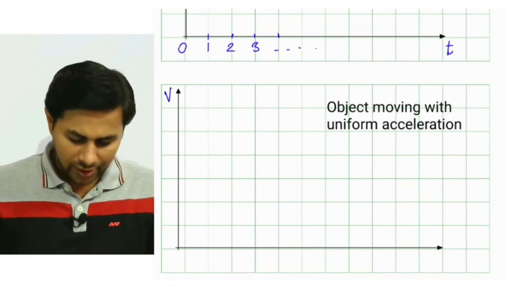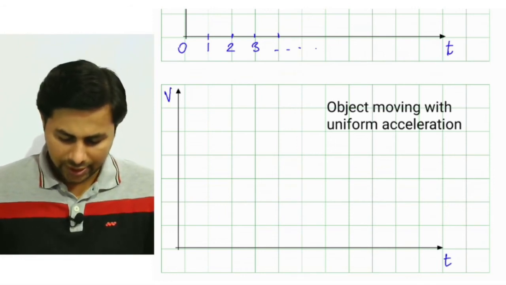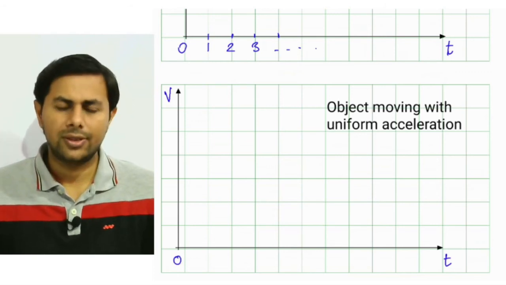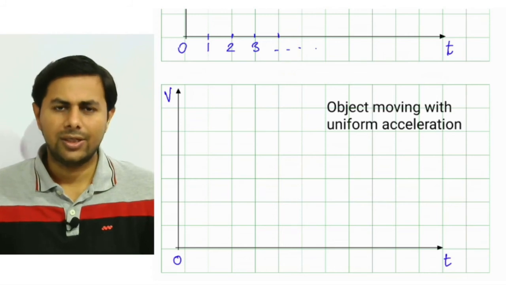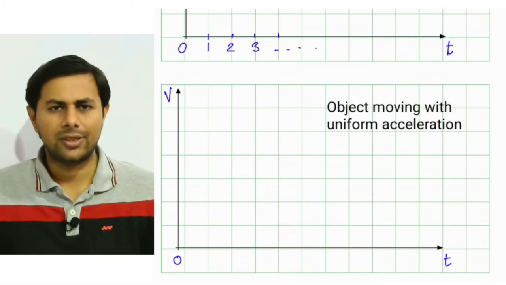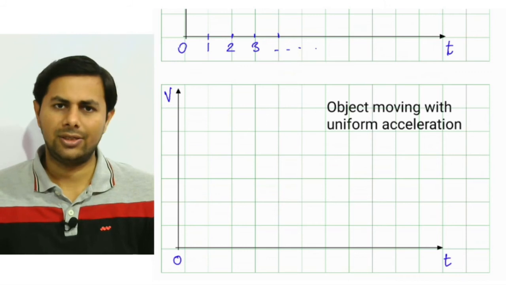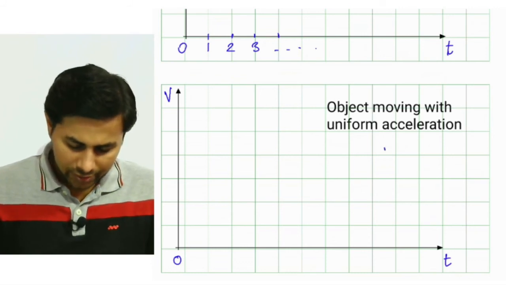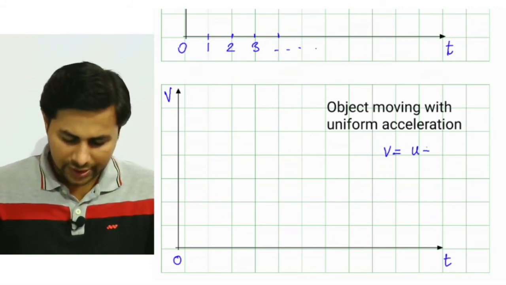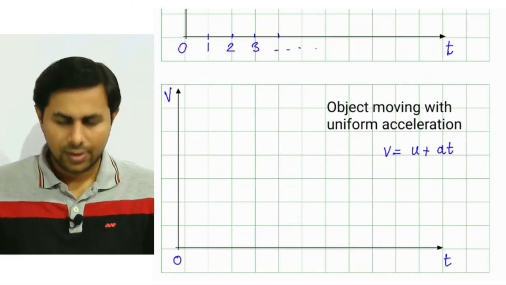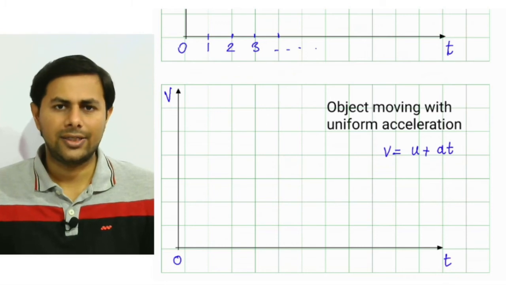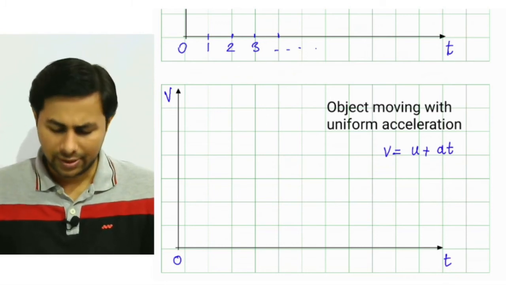So v on vertical axis, t on horizontal axis. Now let's suppose this object starts at some velocity, and for simplicity let's suppose it is 1 meter per second and acceleration is 1 meter per second squared. So now we have this equation, v equals to u plus at. We considered initial velocity as 1 meter per second and acceleration as 1 meter per second squared.